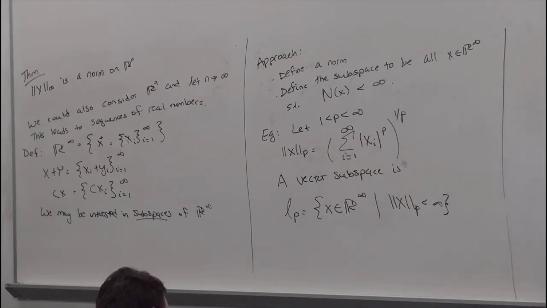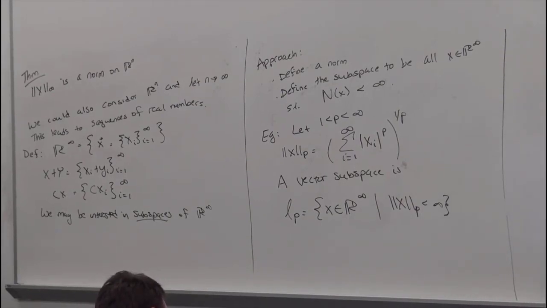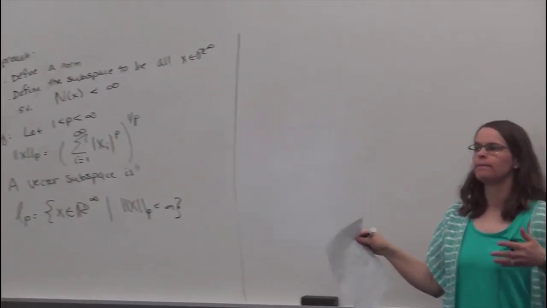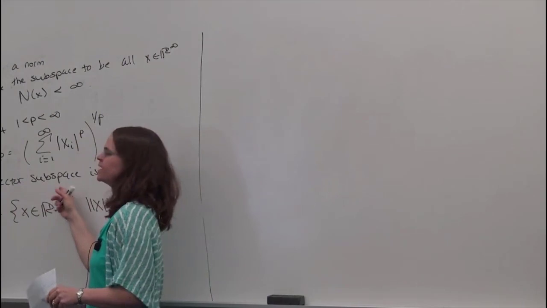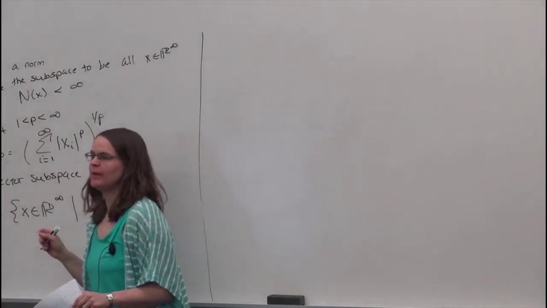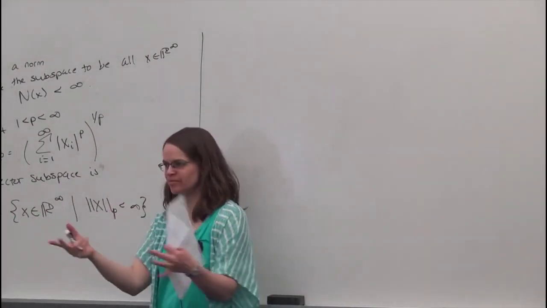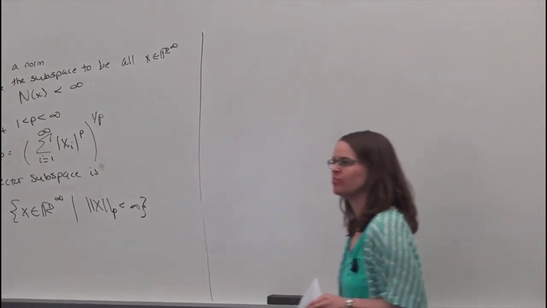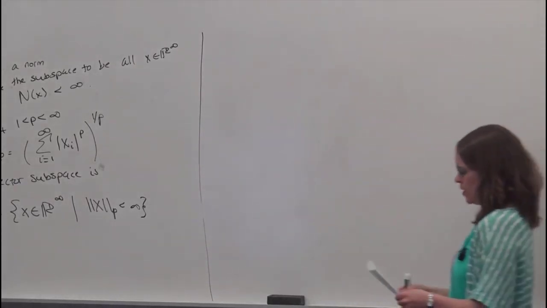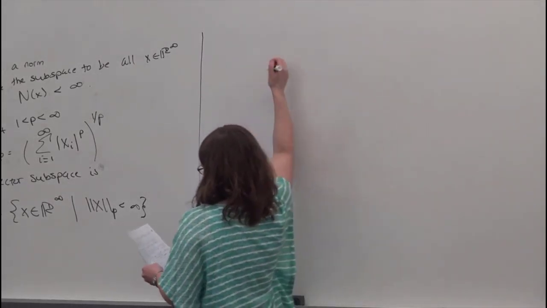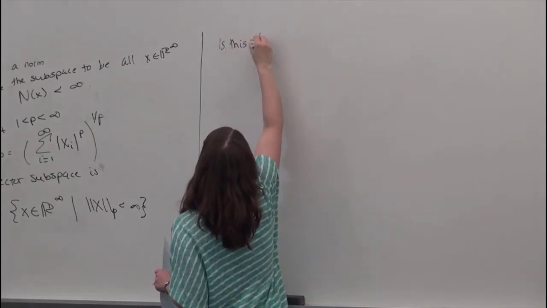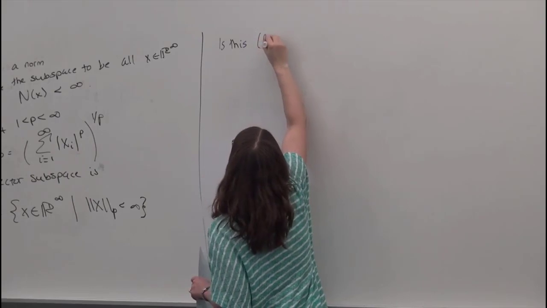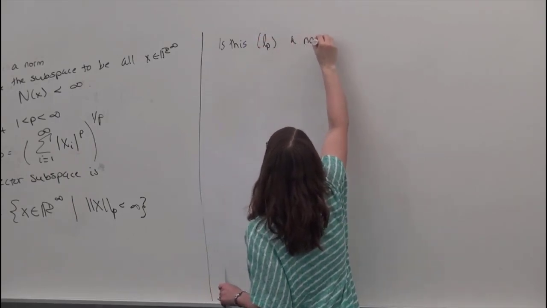All right, so we come up with this subset of objects. Great, good for us. I was very bold here. I called this a vector subspace, but I can't just take any old subset of objects and declare it to be a vector subspace. So one thing we should ask is this, that is LP, a normed vector space?